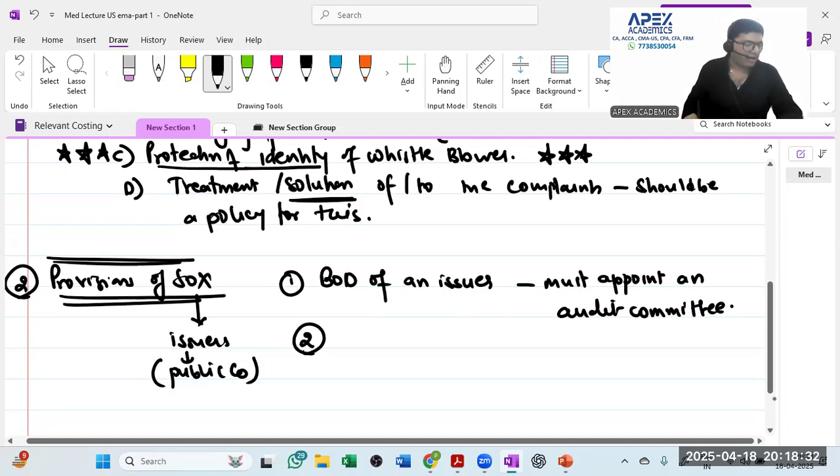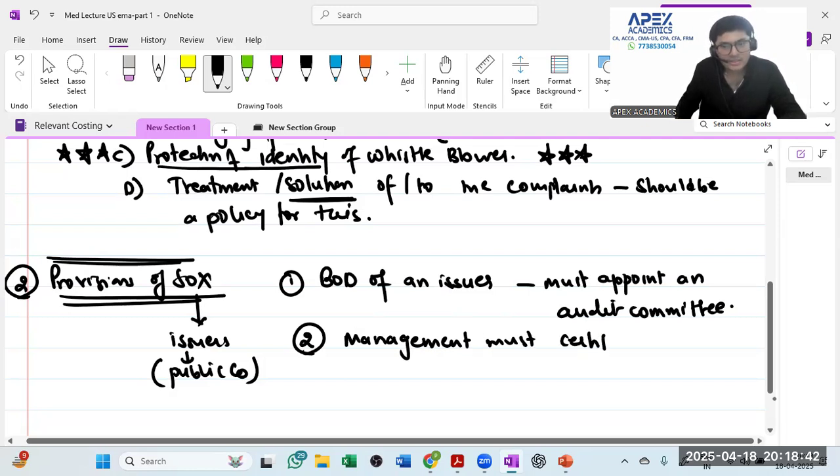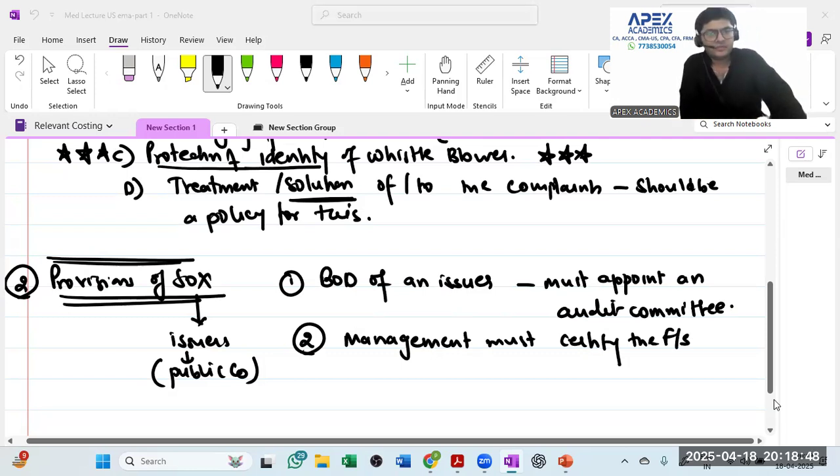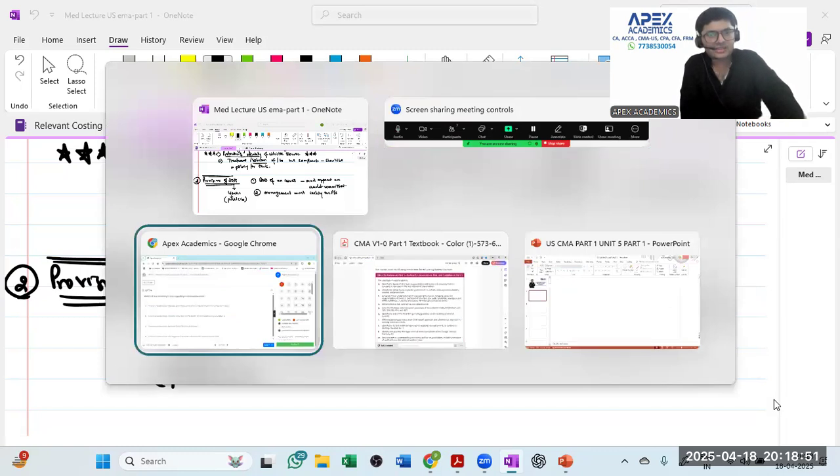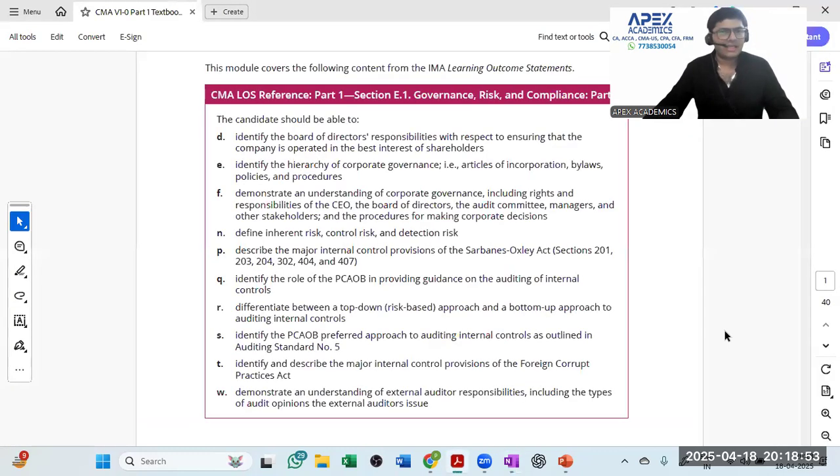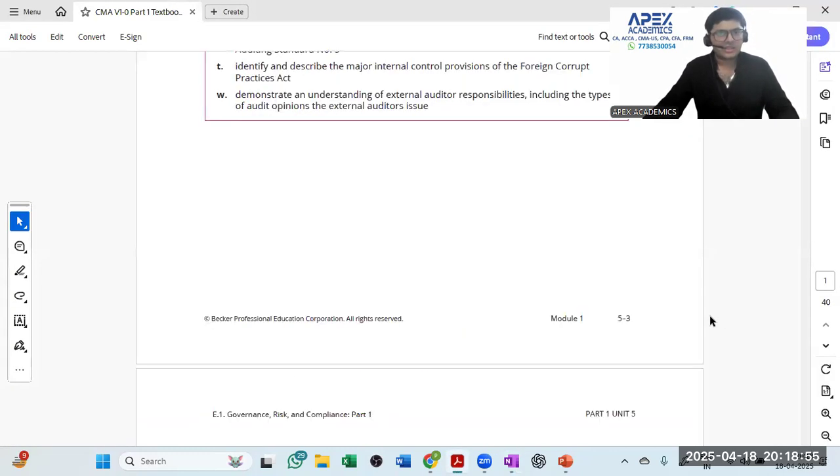They must appoint an audit committee. Next, the management must certify the financial statements. What must the management do? The management must certify.